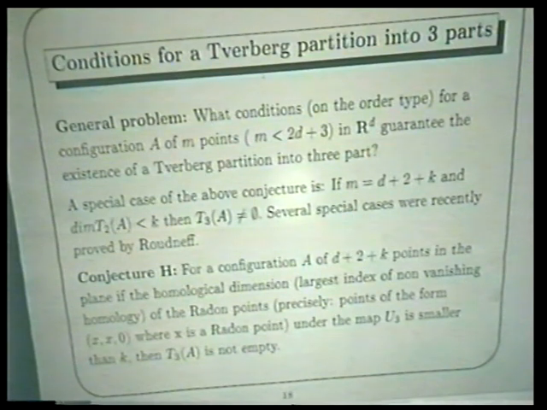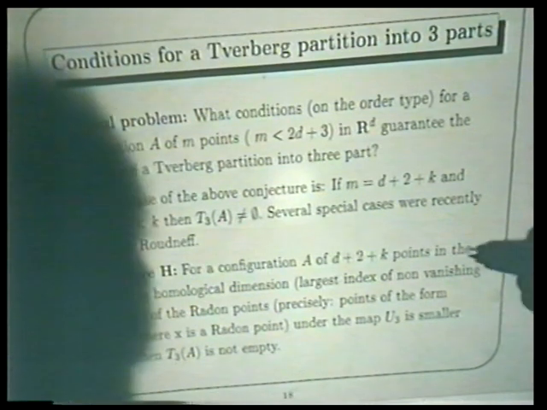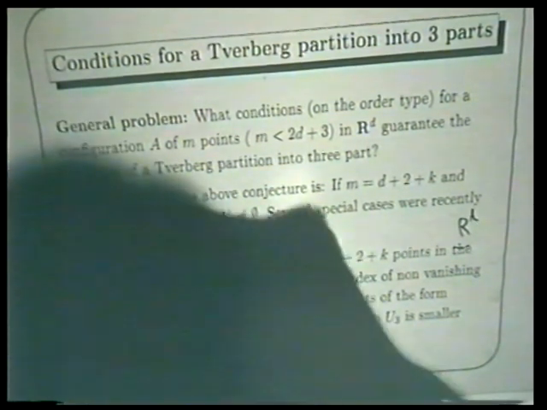Anyway, so this is the special case, and now I would like to mention the stronger homological version of this conjecture, and let me refer to it as conjecture H, although it's a bit vague.